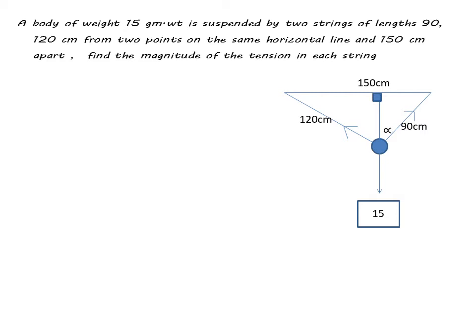If I extend the line of action of the weight, that makes a 90 degree angle with the horizontal line, of course, because this is a vertical line and this is a horizontal line. Here we have T1 and T2 with perpendicular lines of action, of course.